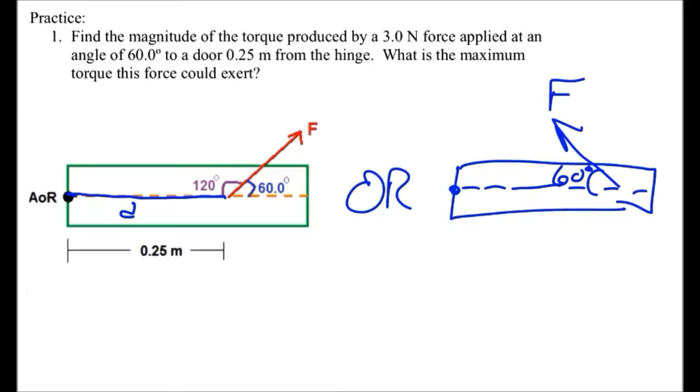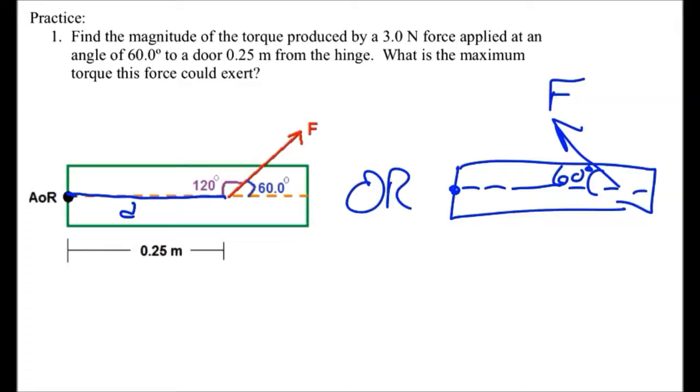Which is why the question only asks you for the magnitude and not the direction, because depending on which way you interpret a problem on a test or quiz, you may end up drawing a different kind of force, all right? So you may have drawn your force pointing in a different direction. Now the magnitude is going to be the same because the sine of 120 and the sine of 60 are the same number, right?